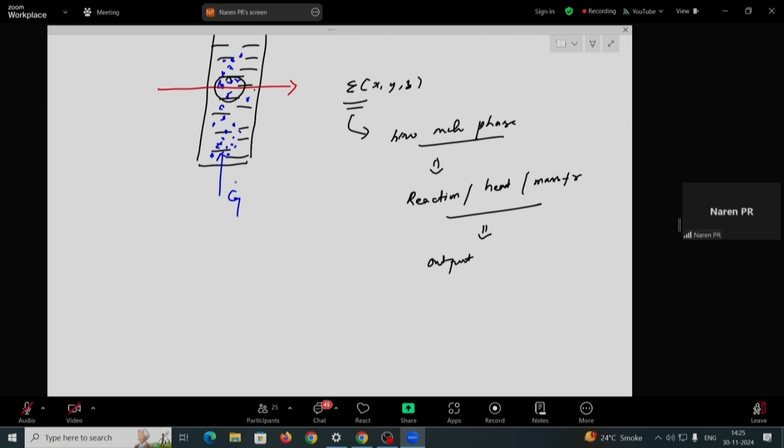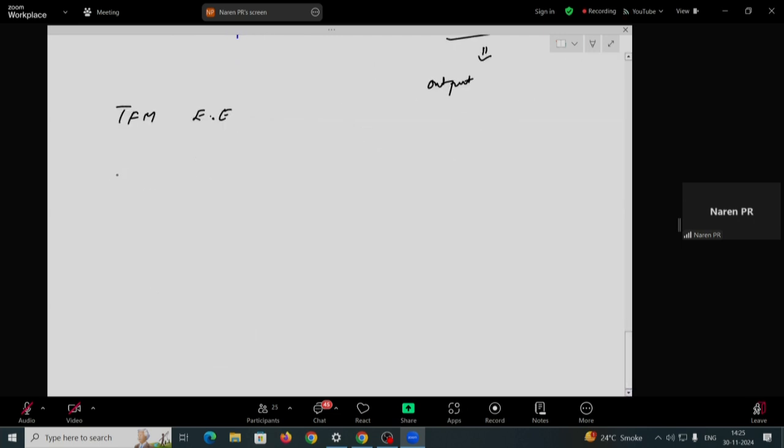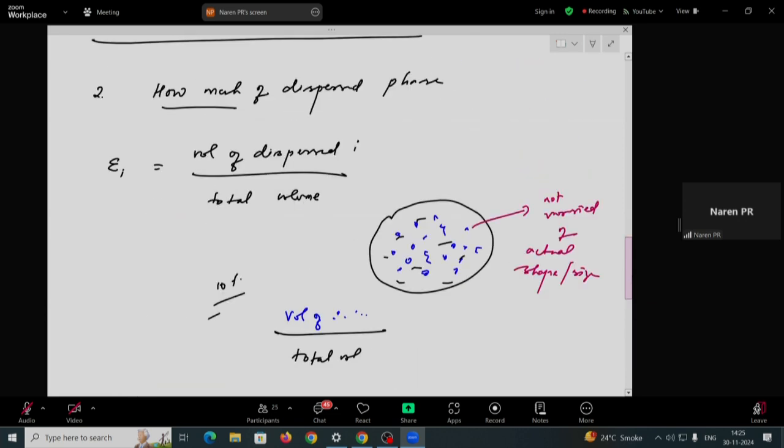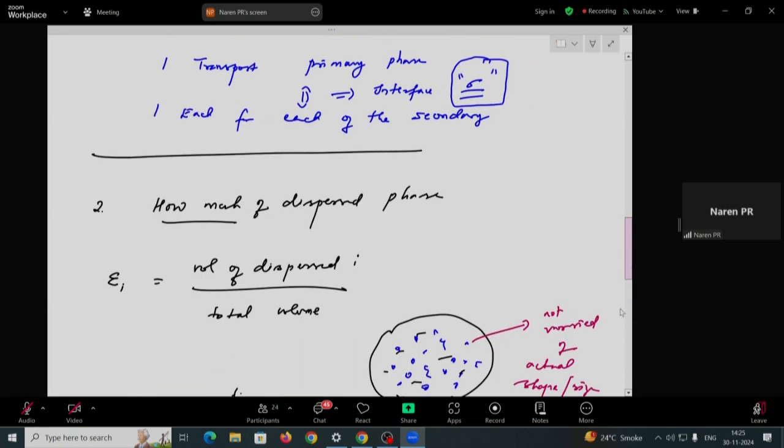Then we do something called TFM, which is also called EE or Eulerian or two fluid model. In the two fluid model, you have one equation for the primary phase and one equation for the dispersed phase. In contrast, in the volume of fluid, if there are 10 bubbles, there are 10 equations, one for each bubble.